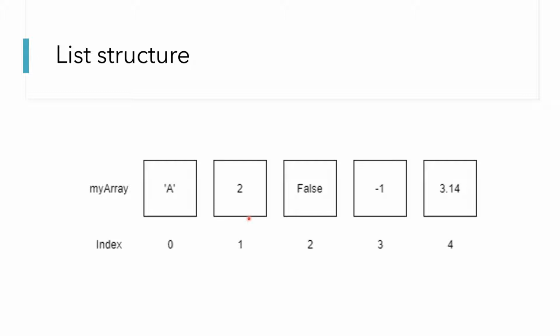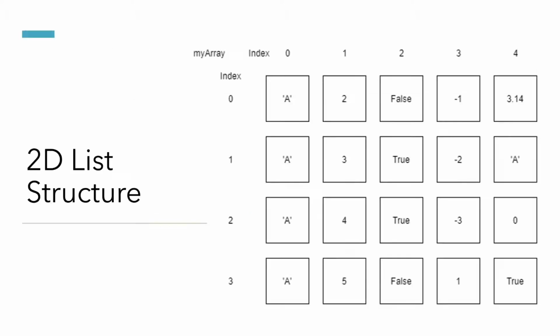Keep this in mind, because now we're going to look at what the structure looks like for a 2D list. So you have a 2D list on screen, and now it looks a lot scarier than the 1D list, but it's essentially the same thing. Let me get the laser pointer out again. We have our list here, but every single value is another list.